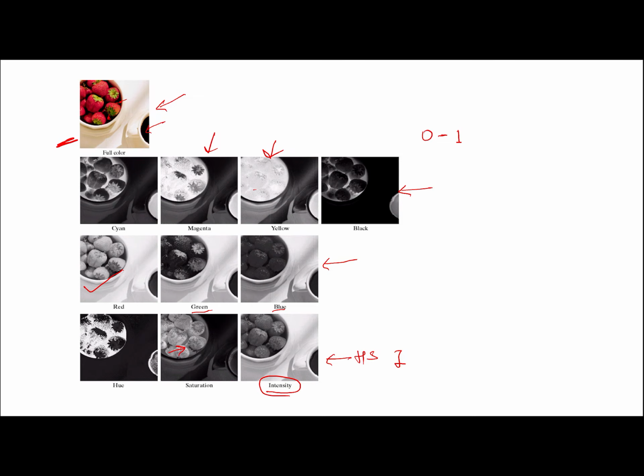Finally, we can see some difficulty in interpreting the hue component image. The problem is that, first, there is a discontinuity in the HSI model where 0 degrees and 360 degrees meet.